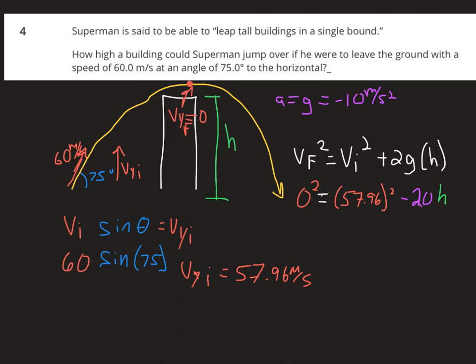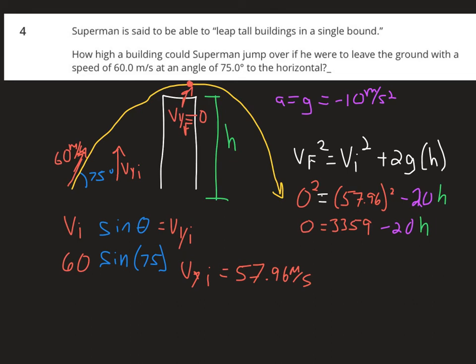This becomes a very large number, somewhere around 3,358.59, and then minus 20 times h.